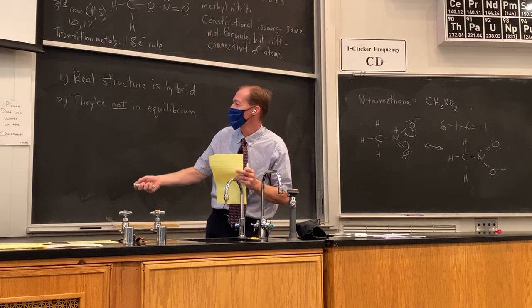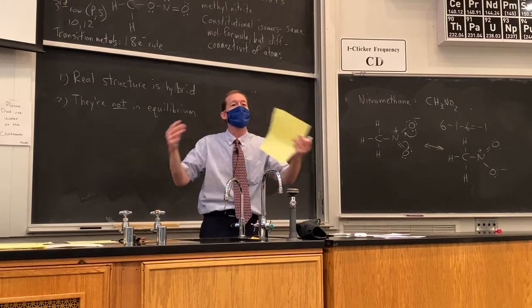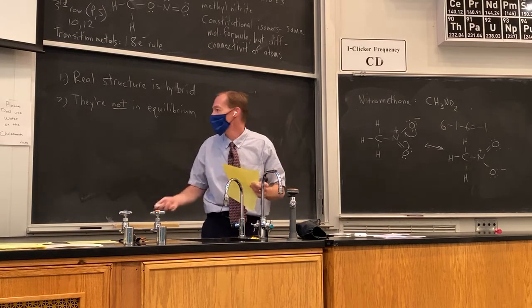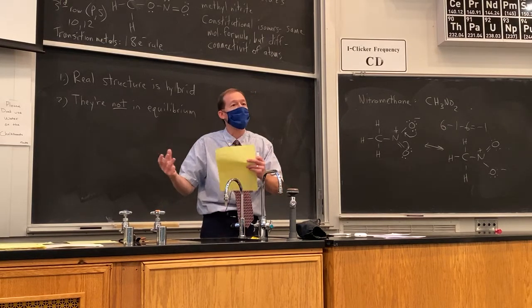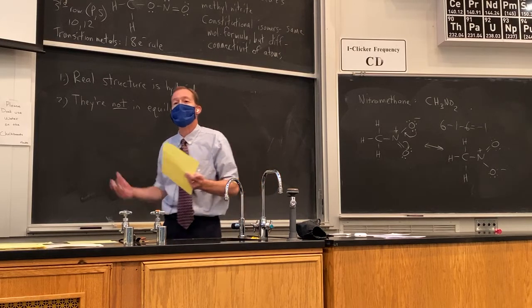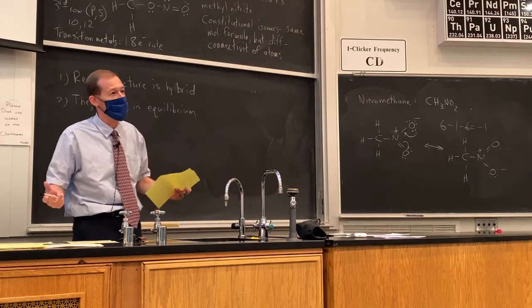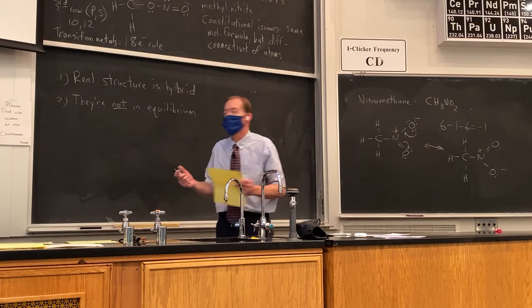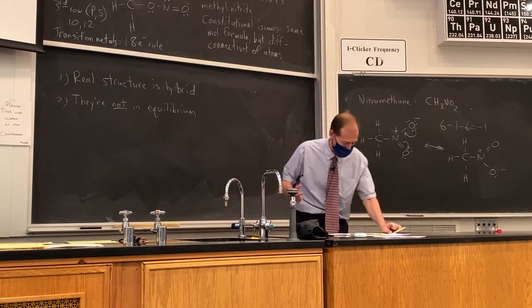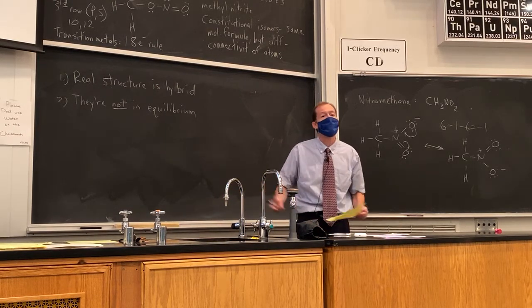This oxygen-oxygen bond length would be constantly lengthening and contracting, and the other one would change in a corresponding fashion. That is not what's happening. The bond lengths are the same. So we do not have an equilibrium between our resonance structures.